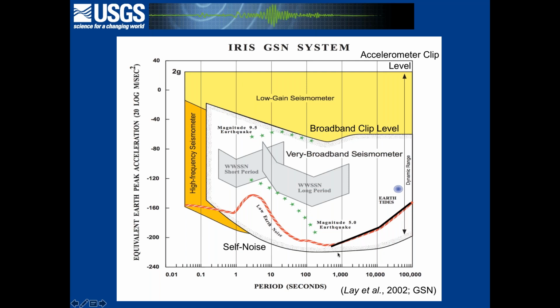The GSN design goals say that we want to be down here, but we're not quite there yet. And I'll talk a little bit about perhaps what we can do to try to improve upon this. By the way, that Earth tide signal I was showing is right there, and you can see it's above the low noise model, which is why we are able to record this, above the self-noise of the instrument here.